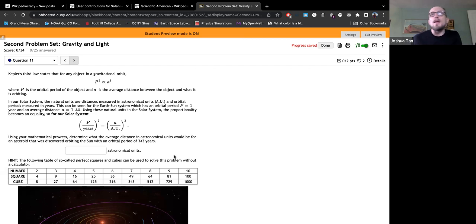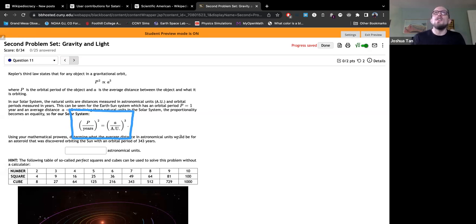And in this problem, everybody's given a different asteroid that's some distance farther away from the sun than the Earth, let's say. And maybe you're given the period, or maybe you're given the distance, but either way, you can plug that number into this formula here. And if you plug it into this formula, you should get the result that you're looking for, the thing that's unknown.